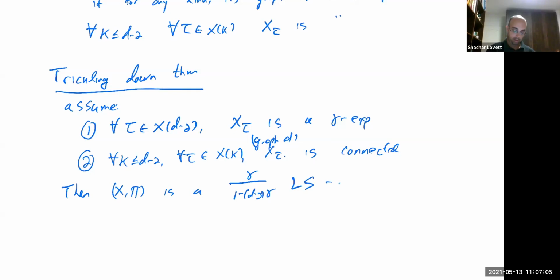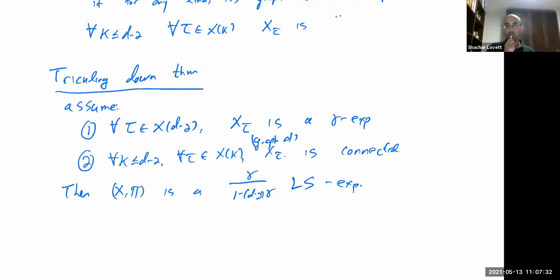local spectral expander. So why is this called the trickling down theorem? Because you start with the top level faces being really good expanders, and you trickle down the expansion so that lower level faces are also very good expanders, as long as gamma is sufficiently small. It trickles from the top level faces to the bottom level faces, and it slightly degrades.